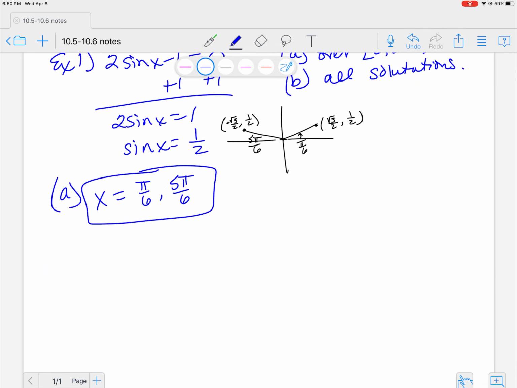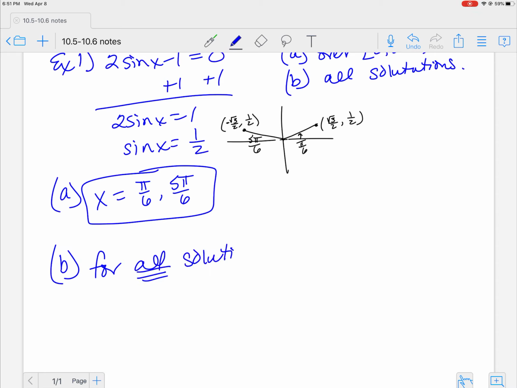So for part A, x equals pi over 6 and 5 pi over 6, because it's just going to be those two values. Now, here's the key. Sine is a periodic function, right?